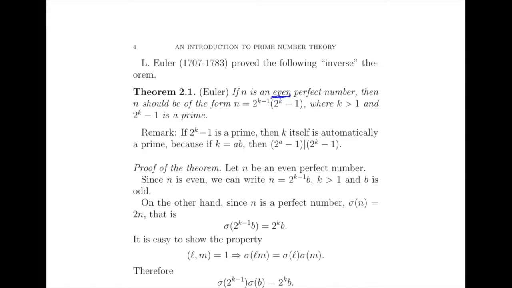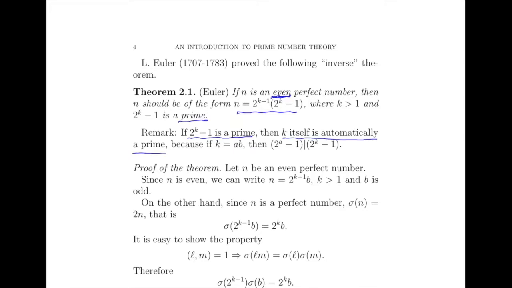That is, an even perfect number should be of the form n equals 2 to the k minus 1 times 2 to the k minus 1, where 2 to the k minus 1 is a prime number. And if 2 to the k minus 1 is prime, then k itself is automatically prime.